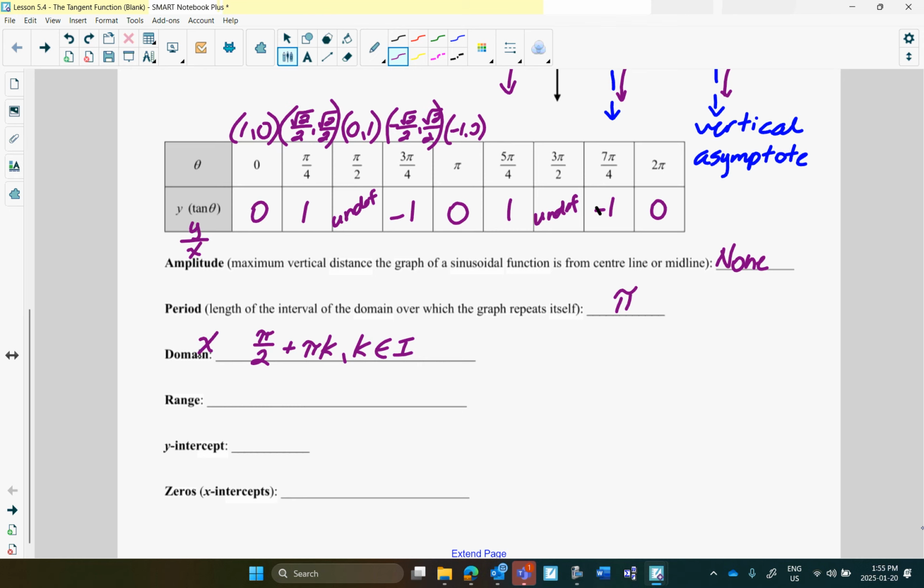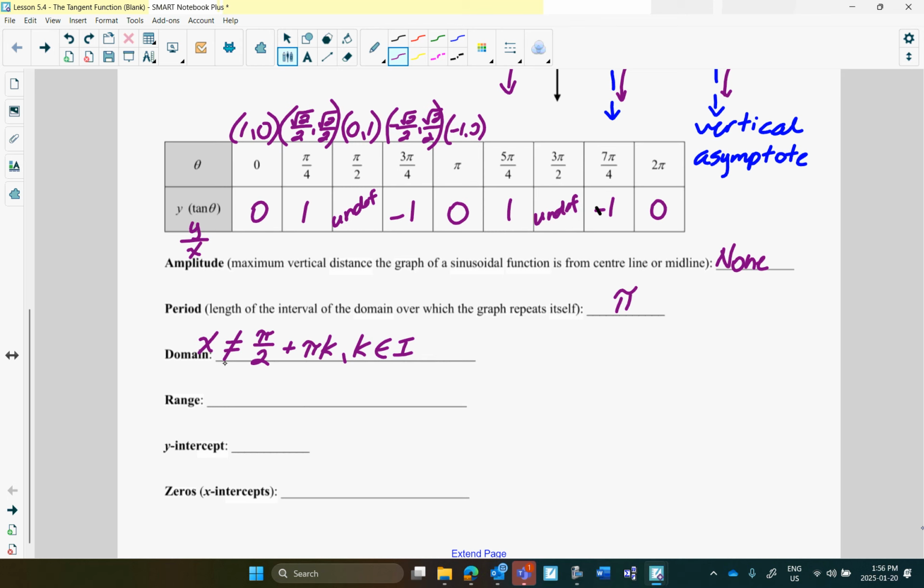X, if you think of a notation for cannot be, an equal sign with a slash through it. That's the best way we can write the domain. We can't, because then otherwise we'd be writing, okay, it's from here to here, and then it's from here to here, and then it's from here to here, and you're going on forever. It's impossible to write. So what we do is we write what it cannot be.